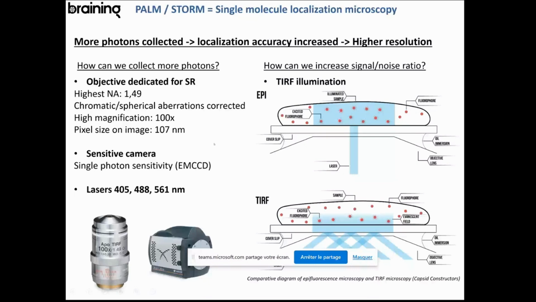And to decrease the background, to increase the signal-to-noise ratio, we are doing what we call TIRF illumination, which means that the laser is tilted, so you can light up the sample only in the 10 micrometers in contact with a glass coverslip. So you prevent having background from the top of the image.